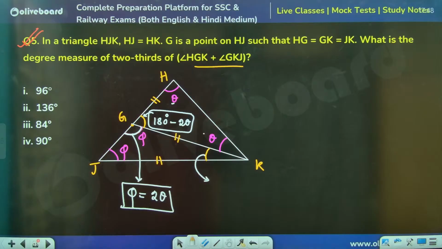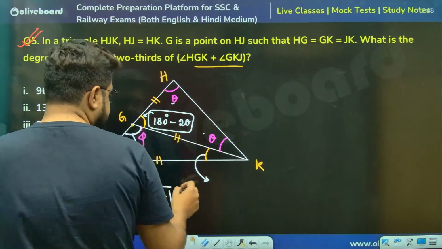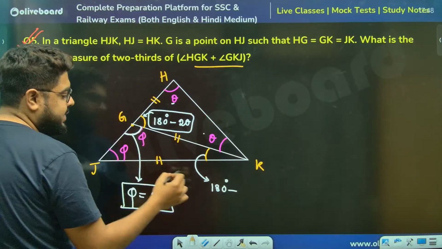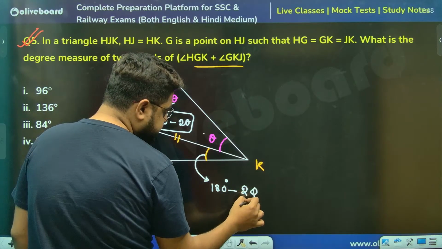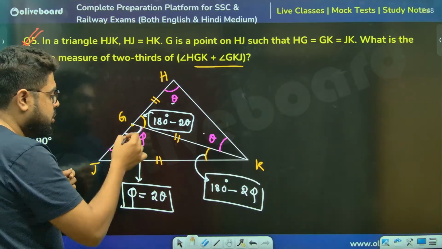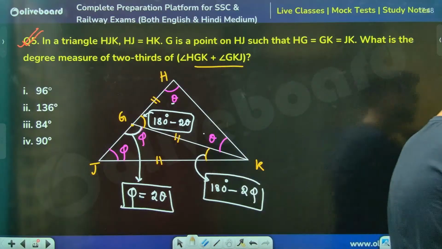Yes, Reena, you can definitely say that. So this will be 180 degree minus 2 phi, because that's the smaller triangle GJK. Two angles are known.